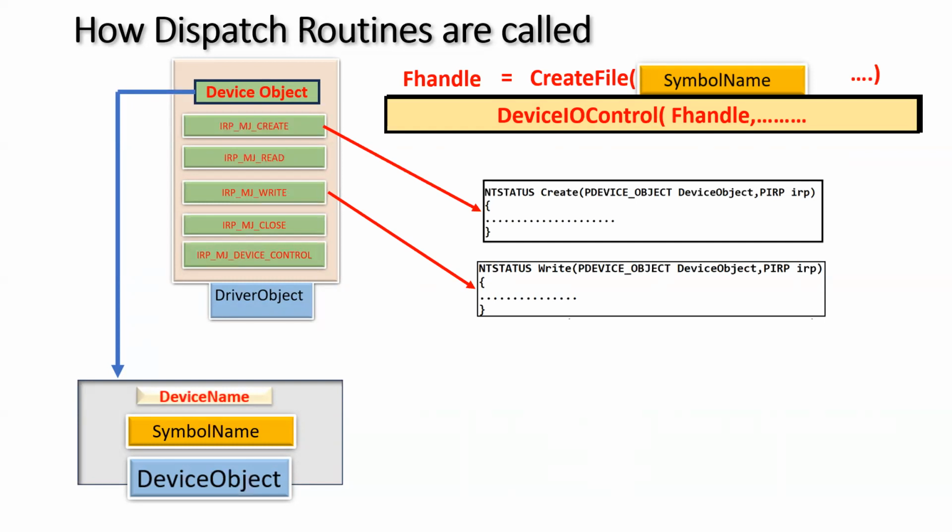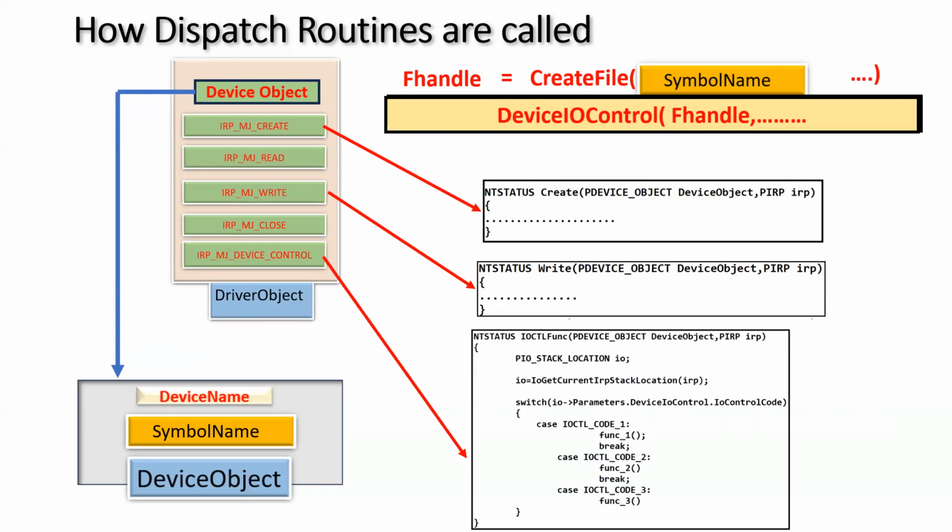If ReadFile is called using the file handle, then the dispatch routine associated with IRP_MJ_READ is invoked. Now, when the DeviceIoControl API is used with the parameter as the file handle, there is a function associated with IRP_MJ_DEVICE_CONTROL, and that function is invoked. If you look into this function, it has switch case statements. We'll look into how this works.